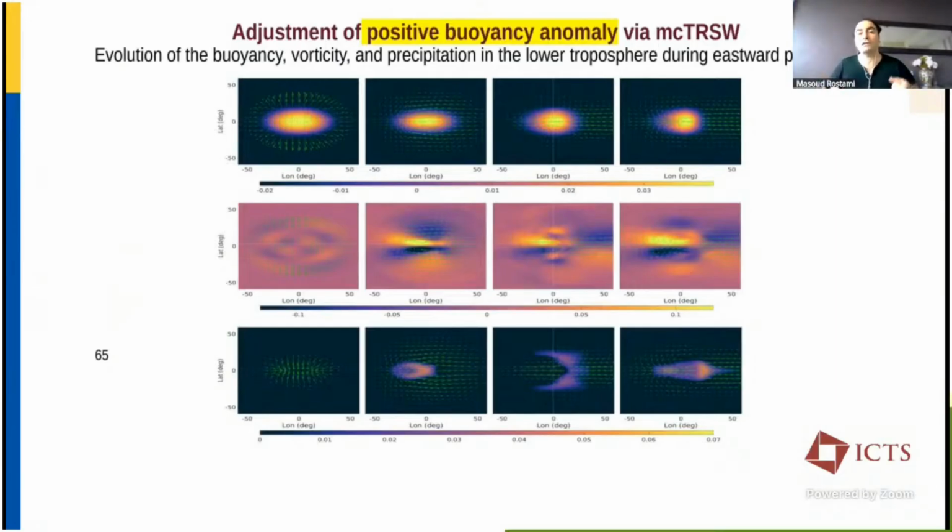And once we initiate, we see this quadrupole structure. In the equatorial modon, we have a dipolar system, but in the MJO structure, we have a quadrupole. But the left part, which is the dipolar system, has a much stronger signature than the right side. As you see, the signature of the vorticity is much higher than in the other part.